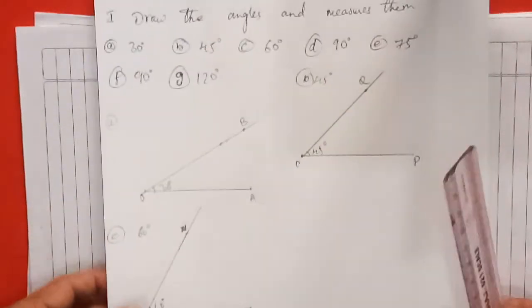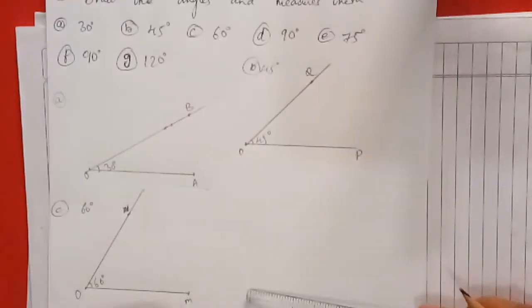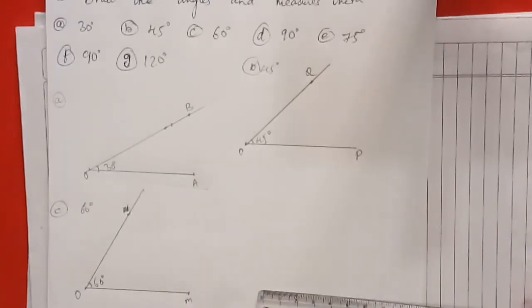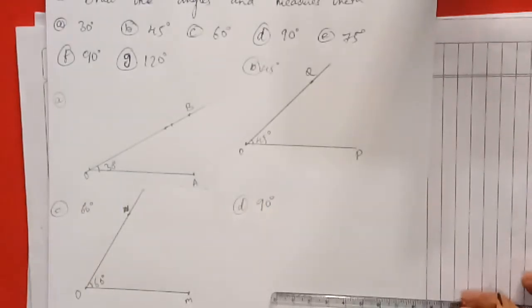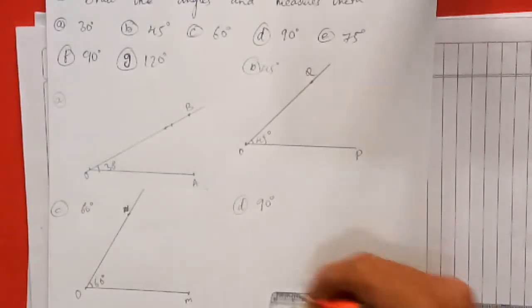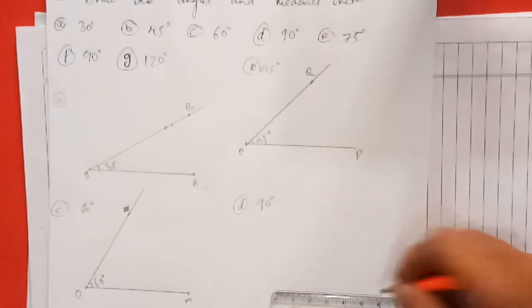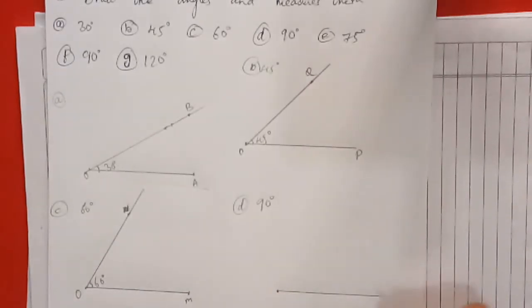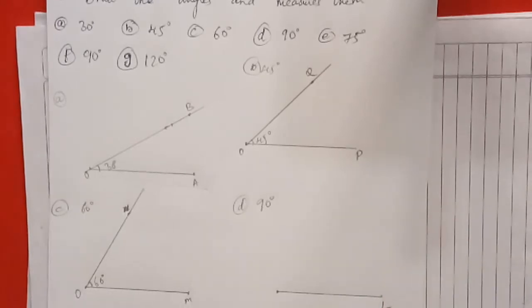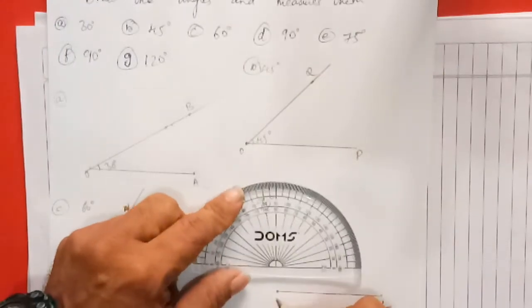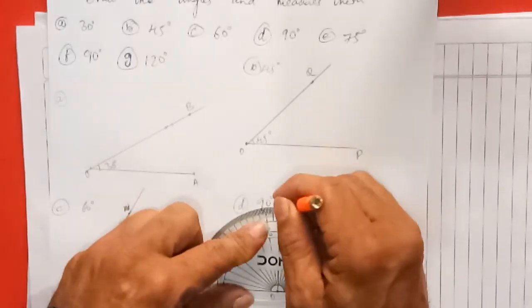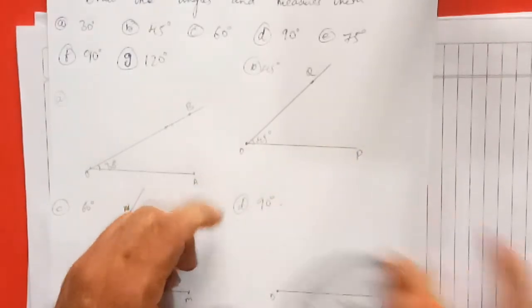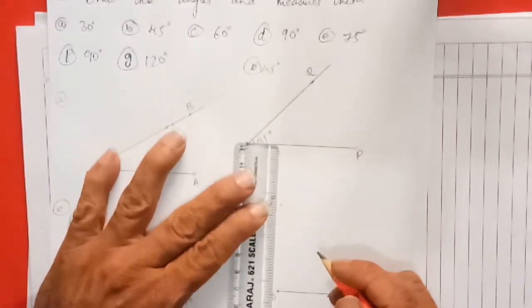And similarly, the fourth one, D is 90 degree. We know that very well, 90 degree comes in an L shape. D1, that is 90 degree. I will draw the baseline here, 5 to 6 centimeter, no problem. This is O, this is L. After that, I will take the protractor and keep it on the side O, on the line, at exactly the center of that 90 degree, and we can join the line from this point to this point.